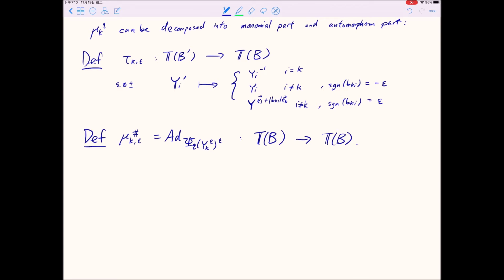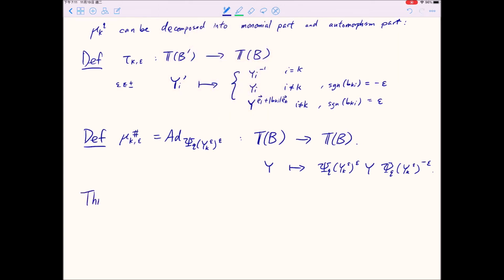Because you are taking a variable and you change it to this and then y and then the inverse of that. So everything here lies in TB, so the result is still in TB. So this is the adjoint action or the conjugation.